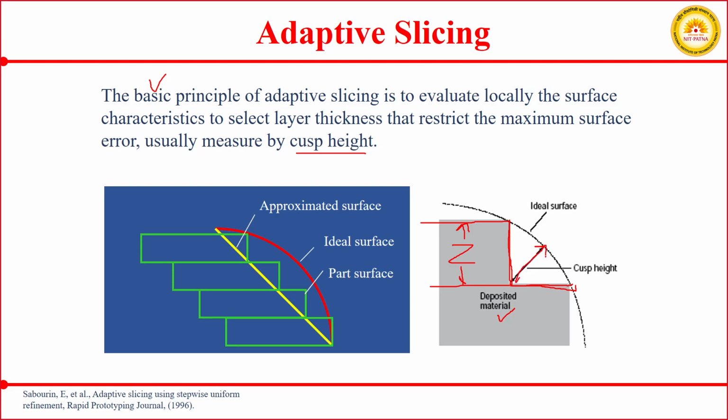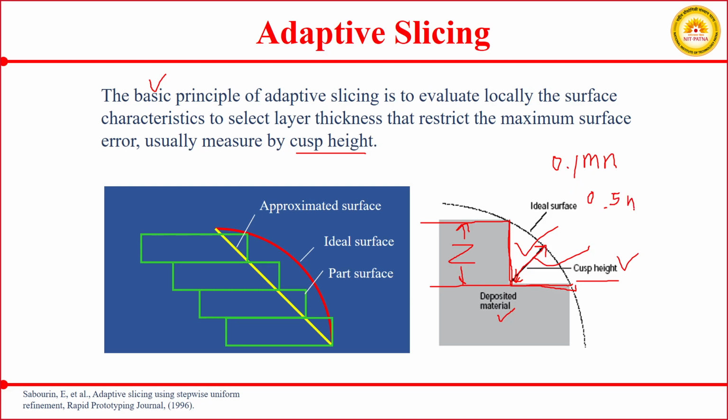This maximum error, or deviation of the surface, is given by the cusp height. So cusp height is the parameter which decides the surface quality, because there may be a certain given value that the maximum possible surface error should not go beyond, say, 0.1 mm, or say, 0.5 mm.